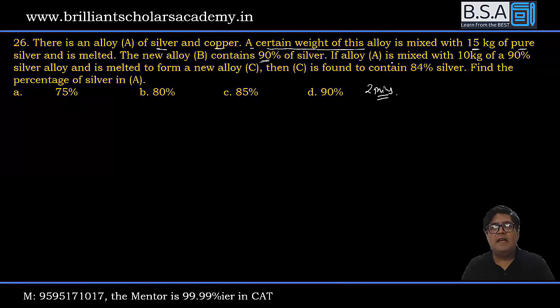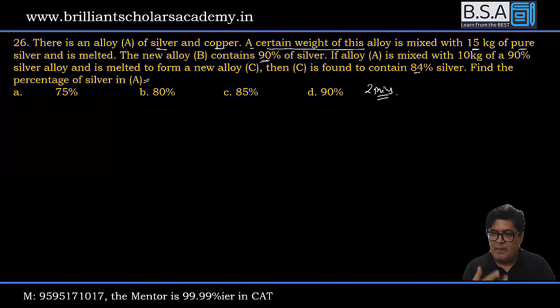If alloy A is mixed with 10 kilograms of 90% pure silver and is melted, a new alloy C is formed. Then C is found to contain 84% silver. Find the percentage of silver in A.